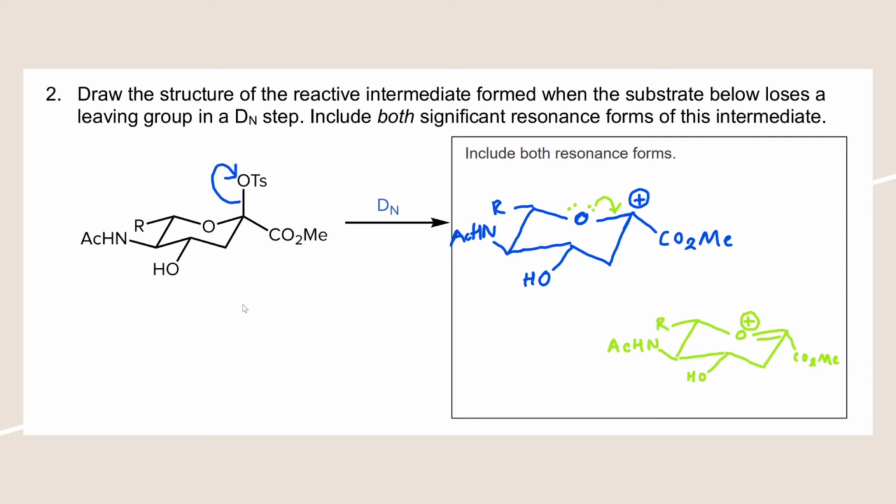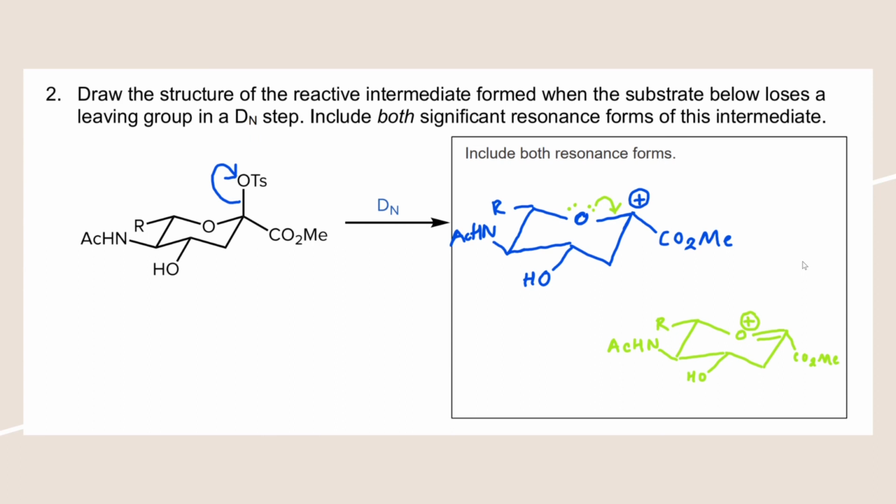And then there are two lone pairs on the oxygen that's contained within the ring. And so one of those lone pairs, like shown here, can be shifted so that it forms a double bond with the carbon that has a positive charge in this resonance structure, so that the positive charge is on oxygen. So those are the two resonance forms.